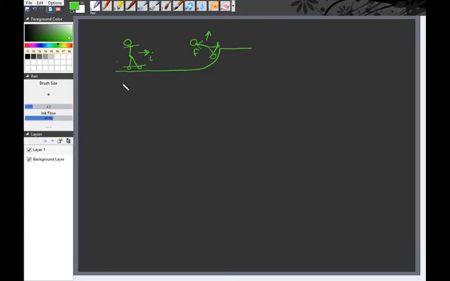So, in this example, our question is, given that his initial speed is 6 meters per second, and given that he flies up vertically off the end of that quarter pipe or ramp at 4 meters per second, given this, and given that his mass is 50 kilograms, we want to know what's the height of this ramp.